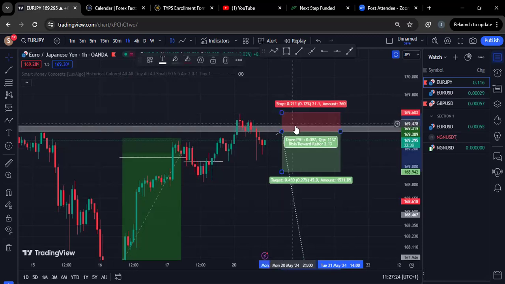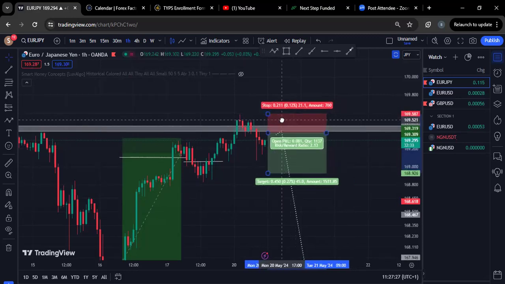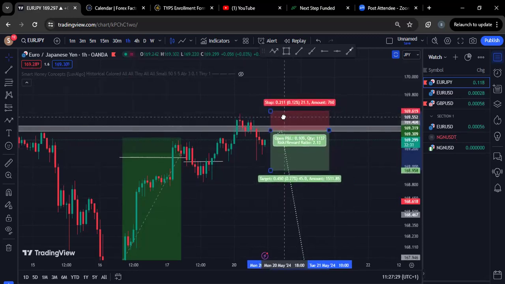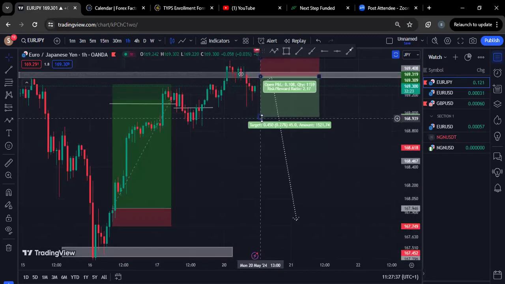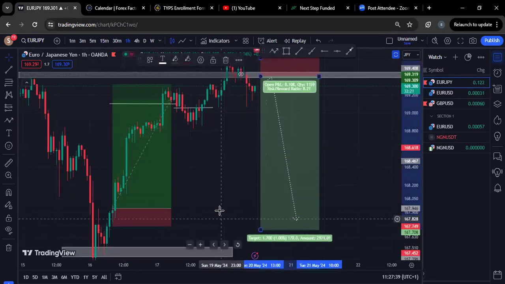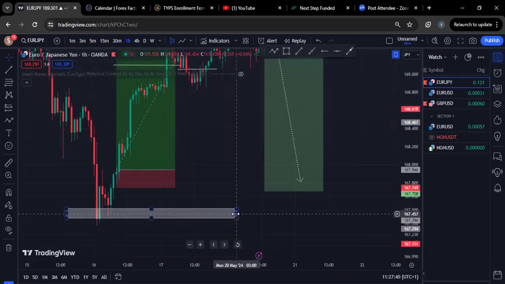Remember, this is EJ, and EJ can be as funny as anything. It can just come and give you a weak rejection and go in the direction it wants to go. So your TP will still be maintained at this zone.